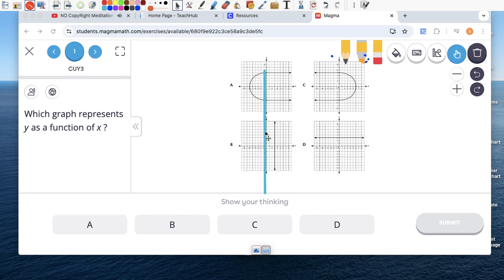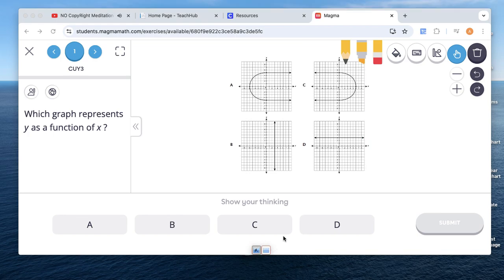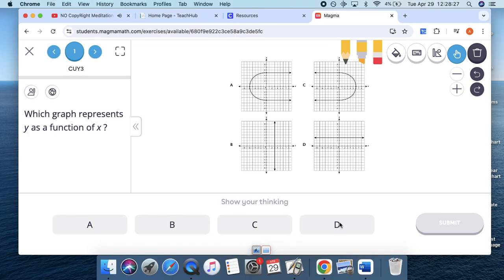B fails the vertical line test, right? Over here. And then D is the only one where the vertical line meets the line on the graph in only one particular point. So D is the only one that is correct. So let's click on D.